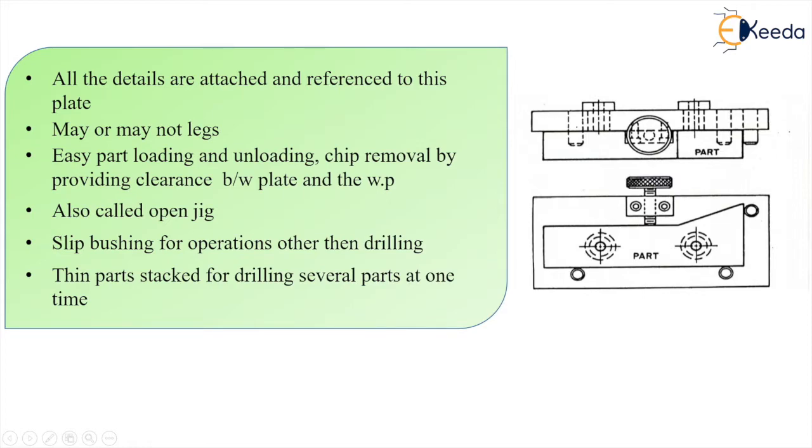It may or may not have legs. It allows easy part loading and unloading, and chip removal by providing clearance between the plate and the workpiece. This jig is also known as the open jig. Slip bushings are used for operations other than drilling, and thin parts can be stacked for drilling several parts at one time.